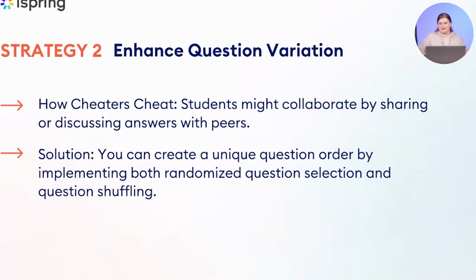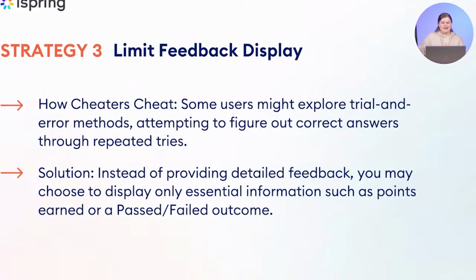So some users might explore trial and error methods during online assessments, attempting to figure out correct answers through repeated tries and relying on detailed feedback to inform further attempts, trying to gain an advantage in answering questions more accurately.